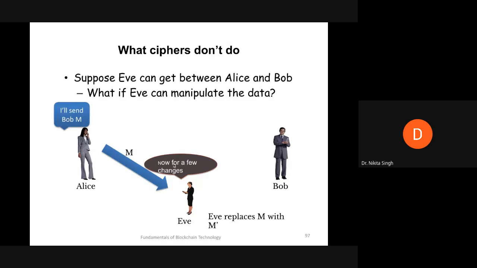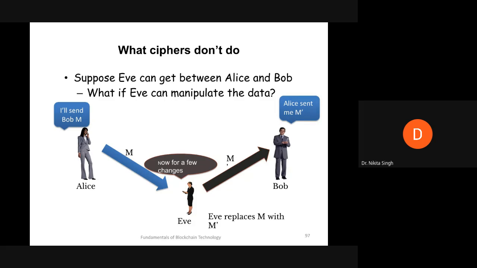So Alice initially wanted to send the message to Bob, but Eve intercepts that message and decides that she'll make a few changes for herself. So she replaces the message M with M dash. And then she sends this M dash to Bob.